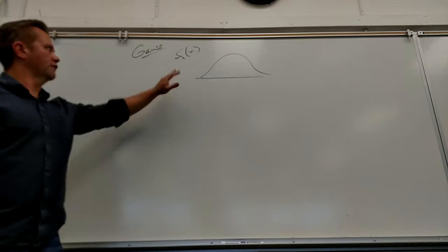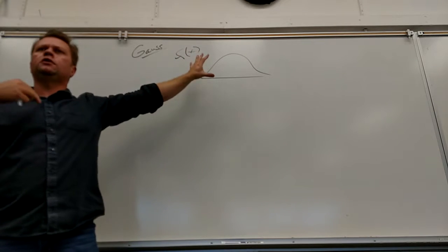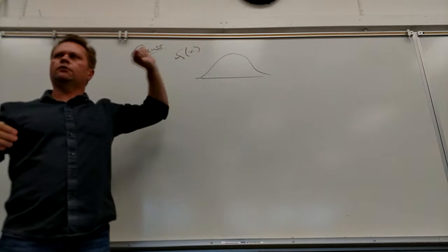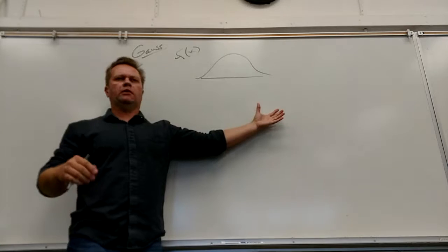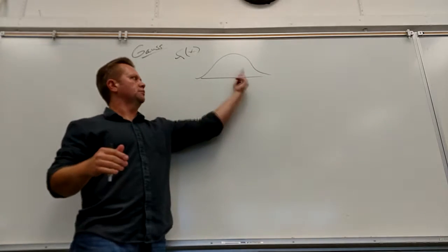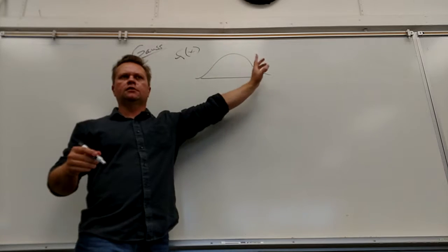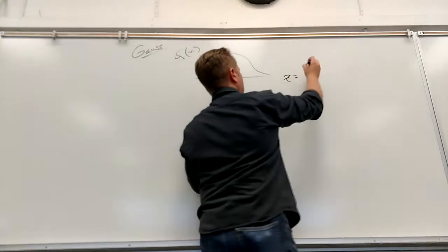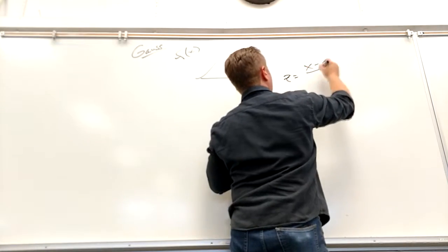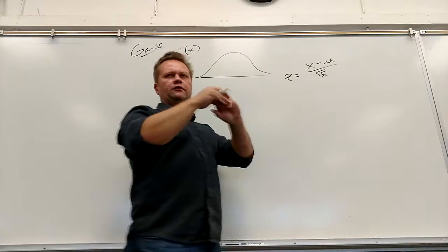Okay, so we have a function that's really kind of ugly that describes this. But how did we use this distribution? What formulas did we actually calculate to plot on this shape? It wasn't the function they gave us. It was the z-score formula, right? There's one z-score formula, but there were several forms of it, right?